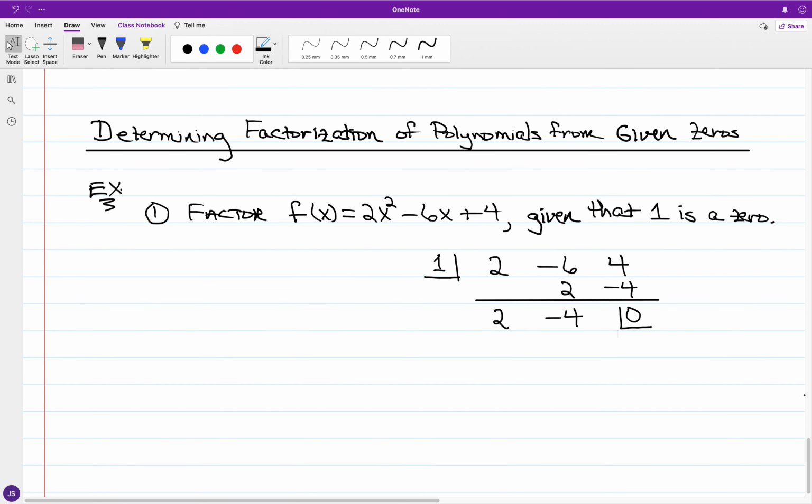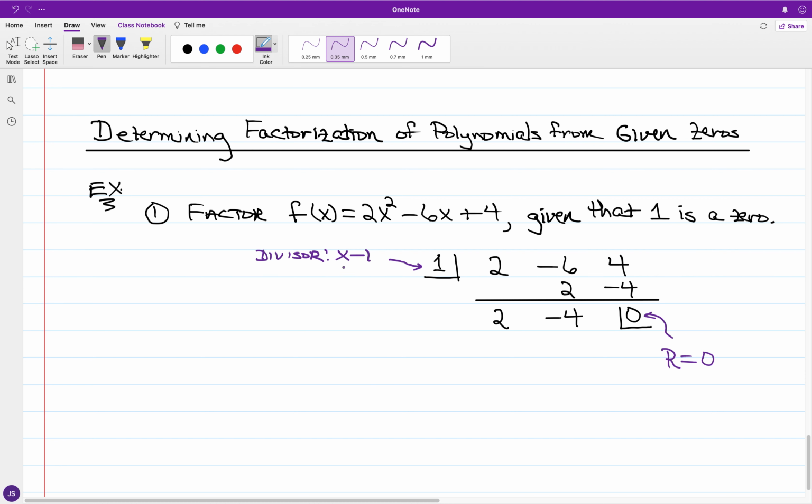Now the remainder is equal to 0. Kind of like when we were looking at forming factored and expanded entities in the polynomial, with 1 as a 0 from the given, we're going to have for the divisor x minus 1.